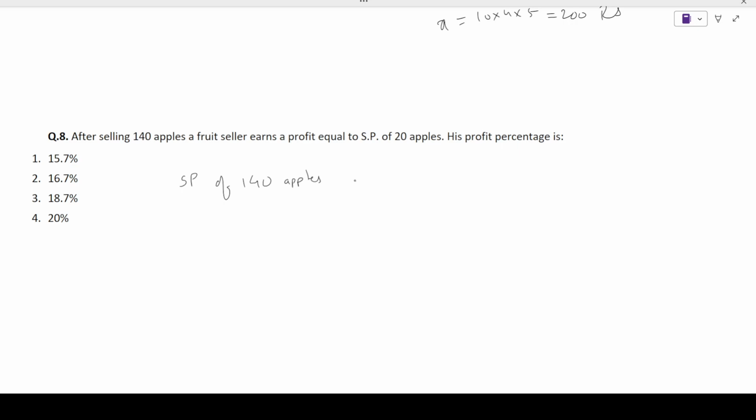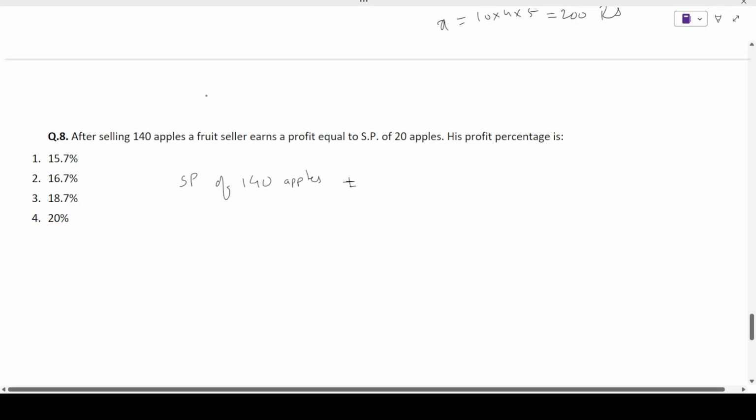After selling 140 apples, which earns profit equal to selling price of 20 apples. Selling price, here selling price plus profit will be there. So the profit earned from these 140 apples is equal to the selling price of 20 apples. Let us correct this.